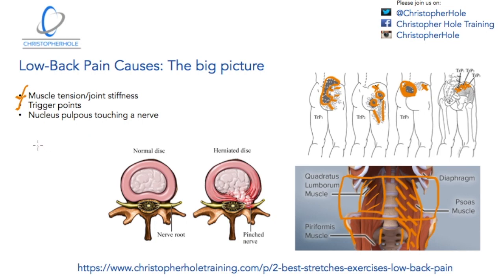Then we come on to something a little bit more serious, which does require a little bit more in the way of treatment. Essentially, we've got a herniated disc. This is where the fluid on the inside of the disc comes through, touches a nerve, and triggers the pain. Now, there's not necessarily an exercise intervention that we would use for this one.